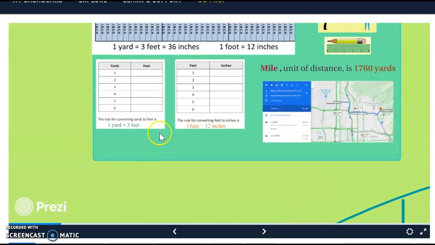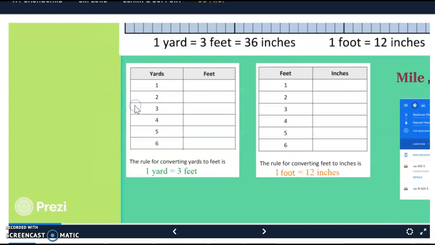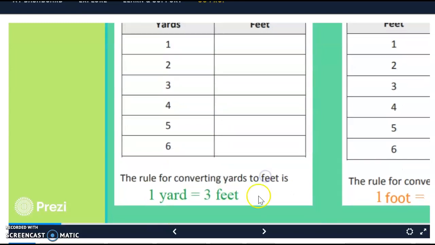Another thing you need to know in this lesson is how to convert one unit to another. And for 4th grade, we always convert from a larger unit to a smaller unit. In order to do that, you need to know the rule for conversion. 1 yard is 3 feet. So for any other number of yards that I have, I need to multiply it by 3.